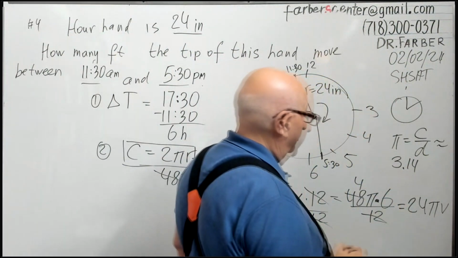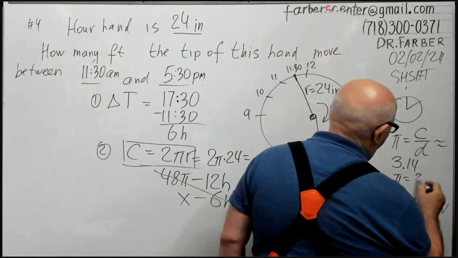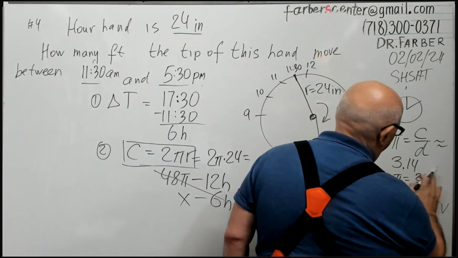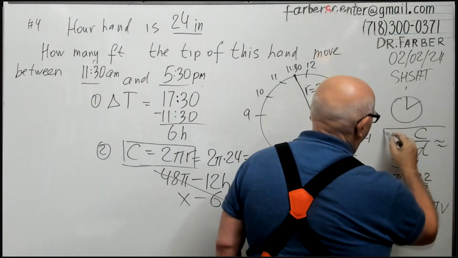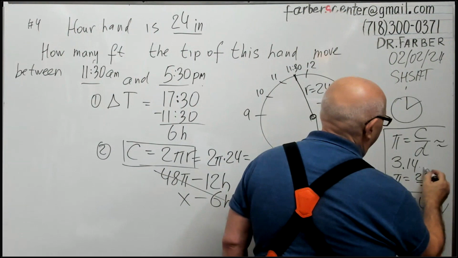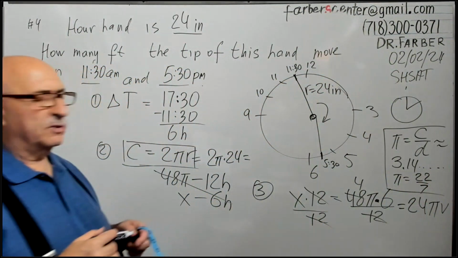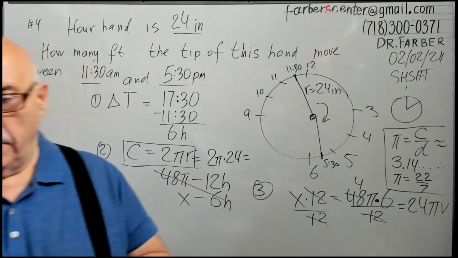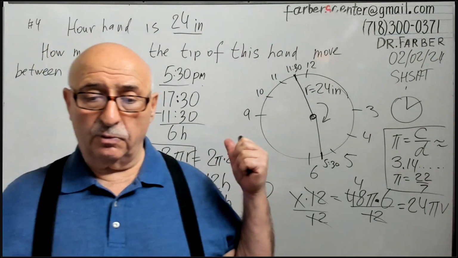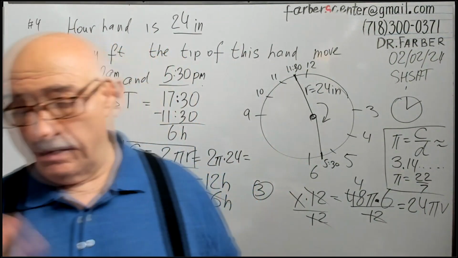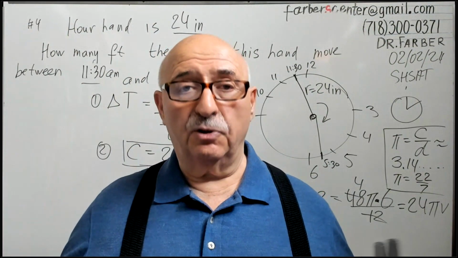Or very roughly, sometimes on the test they use pi equals 22/7. Even though this is not precise, it's for estimation. Pi is just a ratio, circumference to diameter, easy. The more precisely you measure, the closer to 3.14 you get.